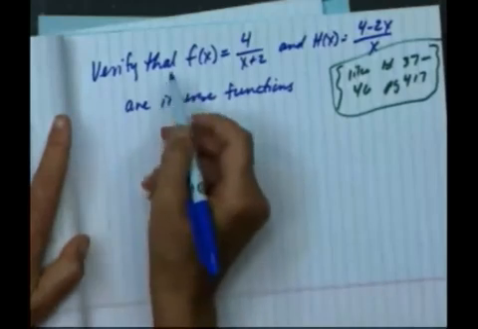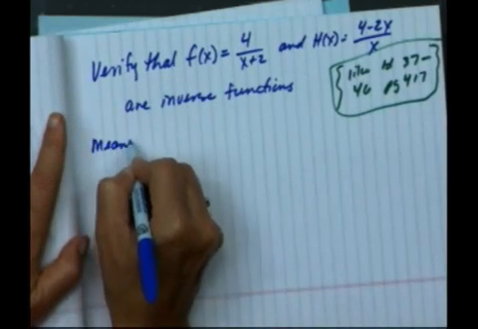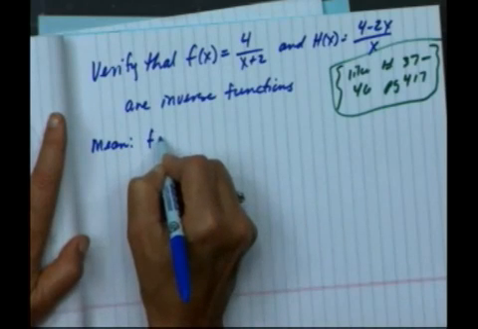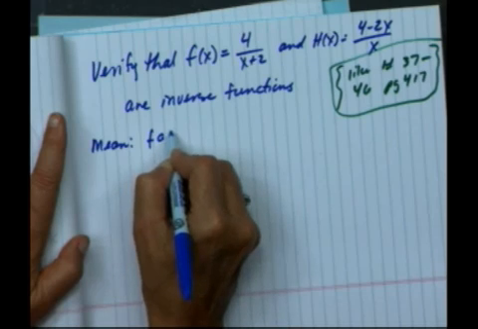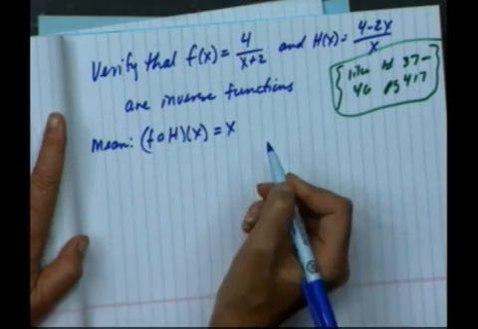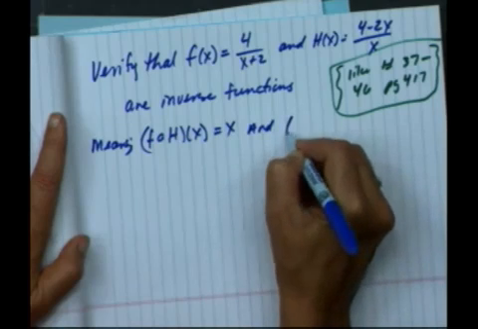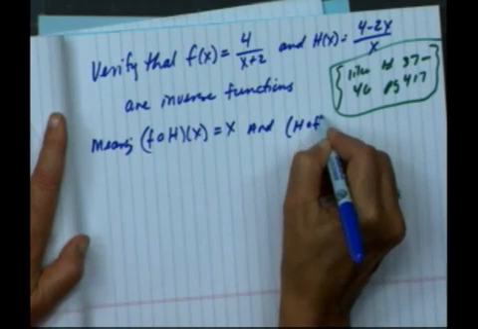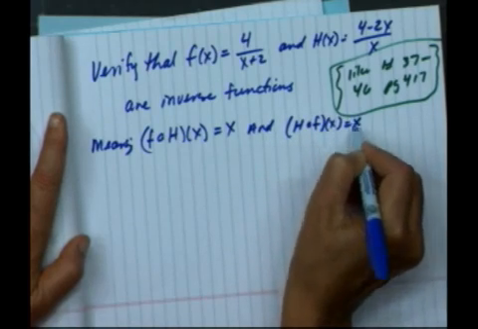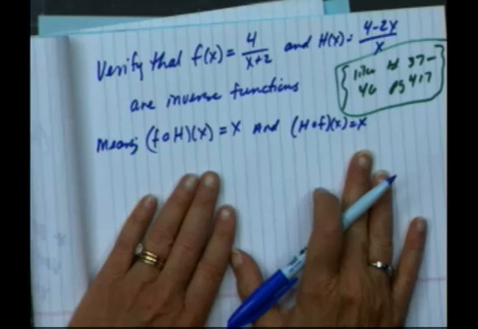So if we're going to verify, that means that if we form the composition of f and h at x, I should get an x back. And if I form the composition of h and f at x, I get an x back. And when I do, then I know that these are indeed inverse functions.